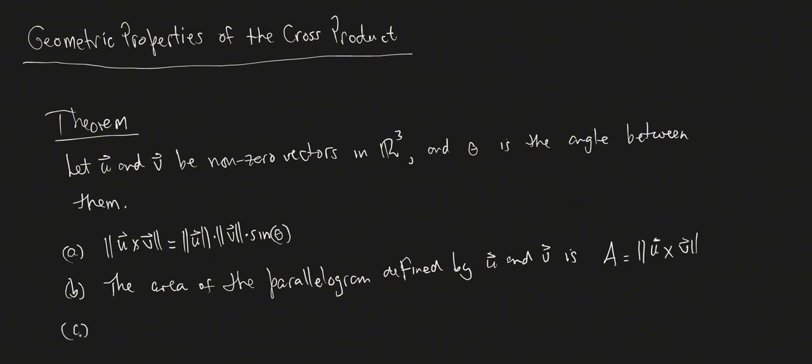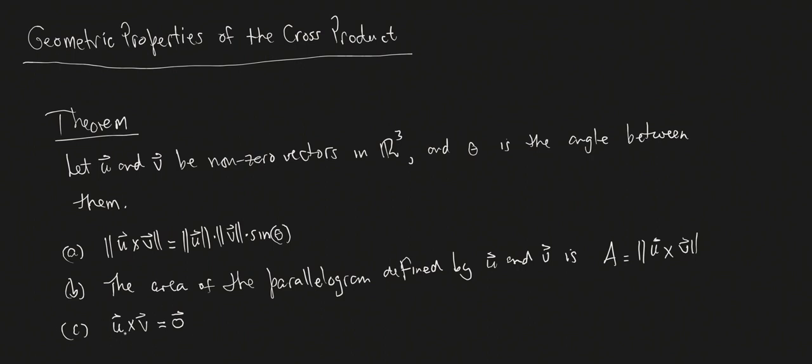And then the third property is this. If you take the cross product of U and V, and remember, we're assuming that both of these are non-zero, in some instances you might take the cross product of two non-zero vectors and end up with a zero vector. Well, again, this has an important consequence.